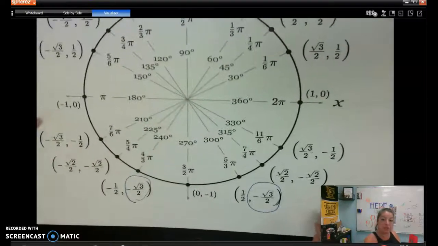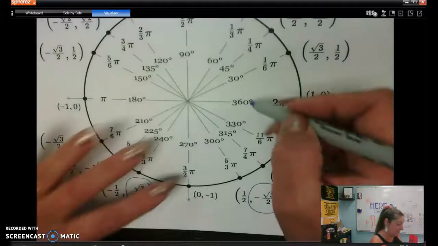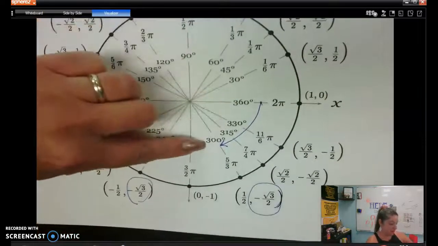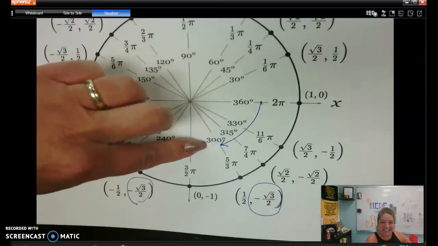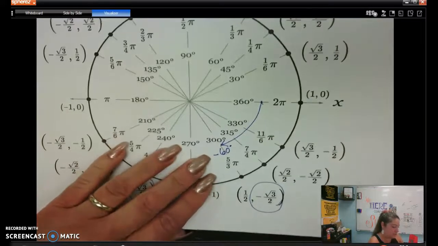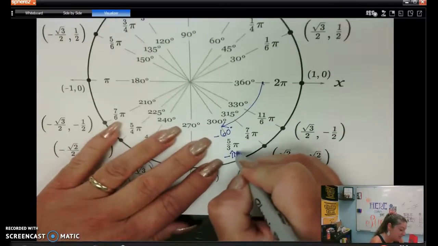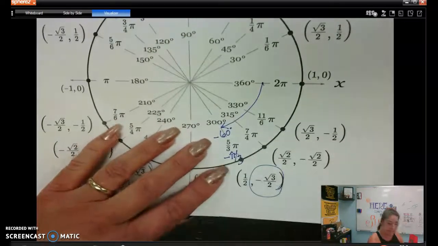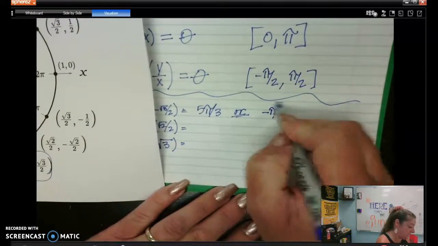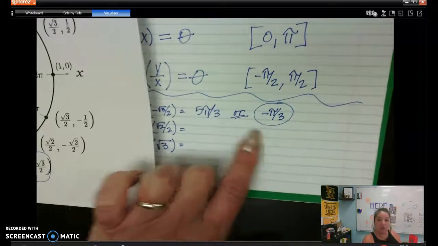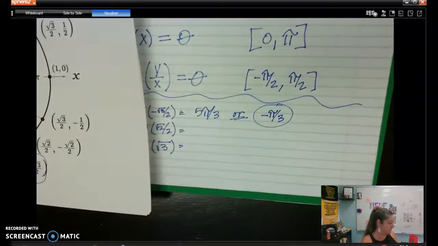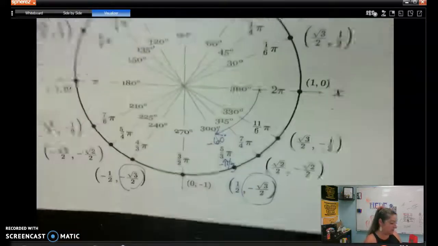If we were to go clockwise, starting at 0, down from 360 to 300, this is the same as negative 60 degrees, which is the same thing as negative pi over 3. And so it is preferred to give this answer over the 5 pi over 3.